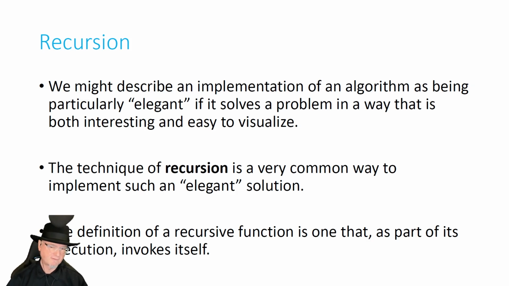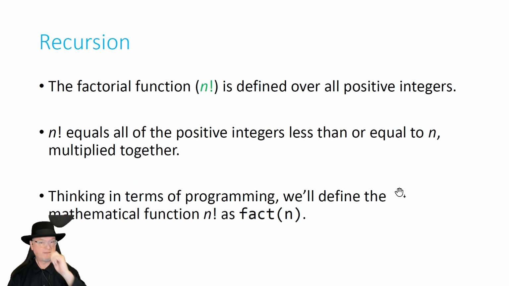Now, the definition of recursive functions is very simple, which is part of the elegance of it: it's just a function that calls itself. We did talk about one of them in lecture and in the notes. The notes go into a little more detail than the lectures did, but one of them is the factorial function, this mathematical operation on some integer, written with an exclamation point, that multiplies the integer by itself decremented by one, and so on. So factorial 5 is 5 times 4 times 3 times 2 times 1.